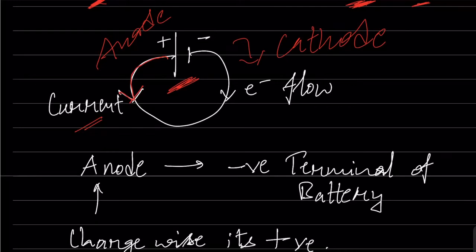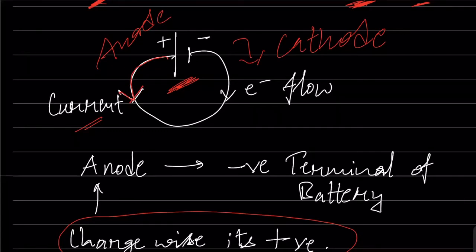So anode means negative terminal of the battery. At the anode we will be writing a negative sign, and at the cathode we will be writing a positive sign. But charge wise, it is positive always. How so? Because the number of cations in the oxidation half cell is increasing, positive charge is increasing.